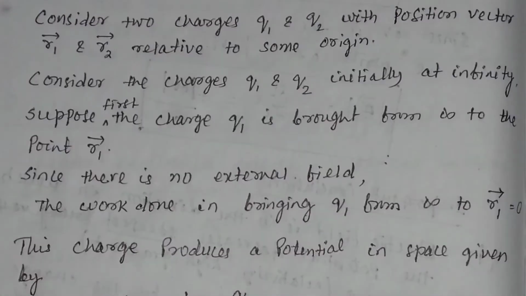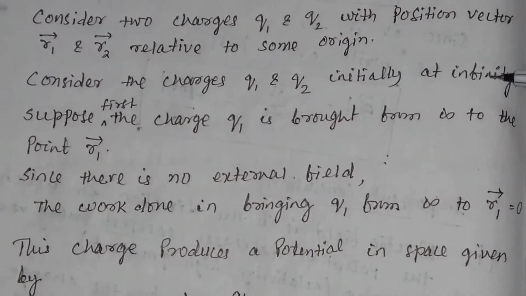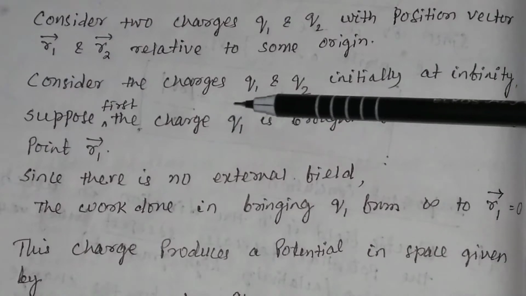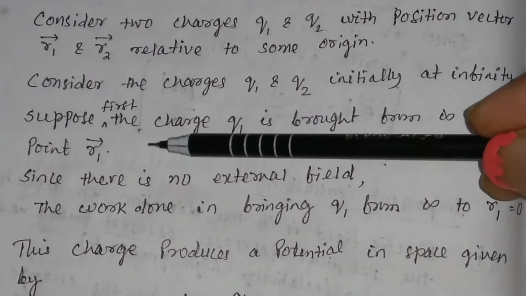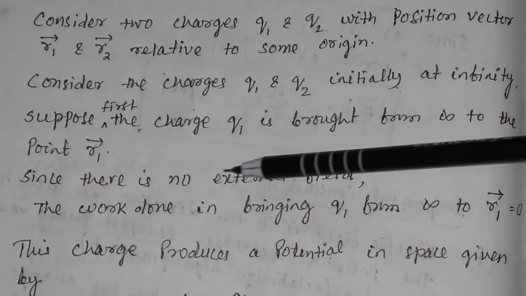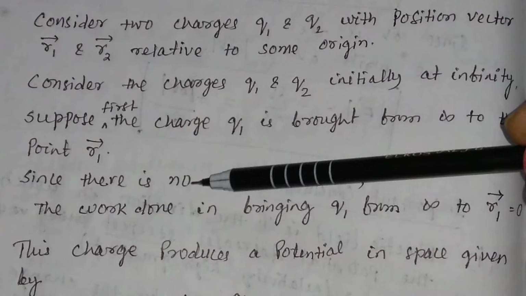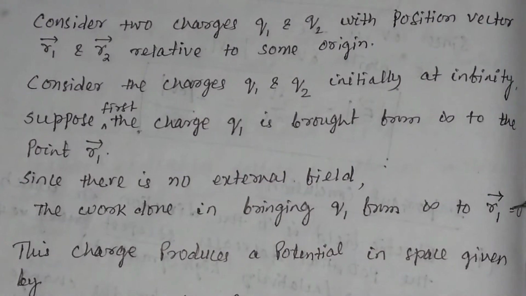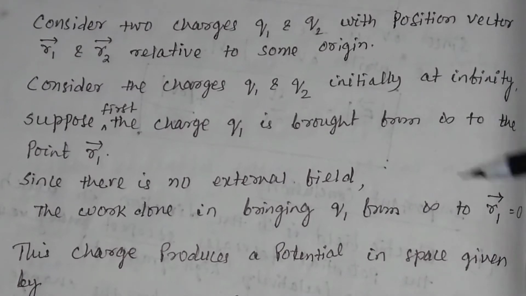Consider the charges q1 and q2 initially at infinity. Suppose first the charge q1 is brought from infinity to the point r1. Since there is no external field, the work done in bringing the charge q1 from infinity to the position r1 is equal to 0.